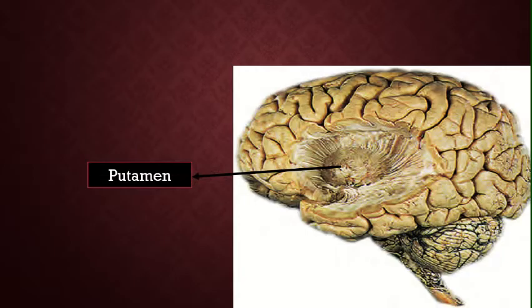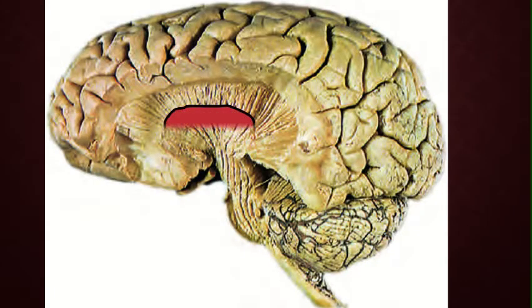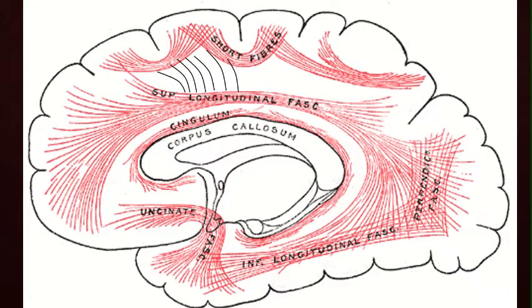Here you can see the corona radiata fibers extending from the cortex, descending down and reaching the outer margin of the lentiform nucleus. As already discussed in the basal ganglia, the outer part of the lentiform nucleus is called putamen. So it is reaching to the putamen.